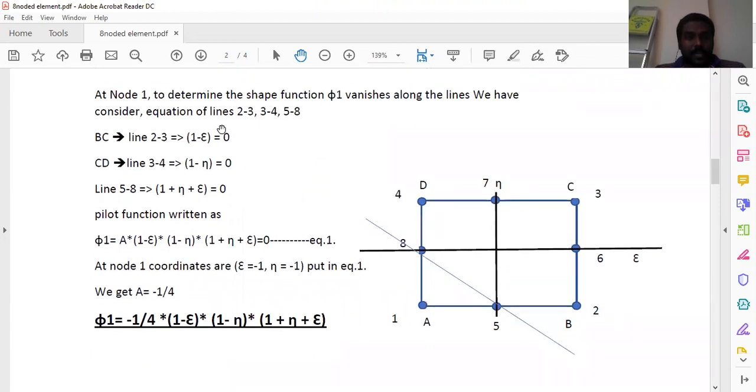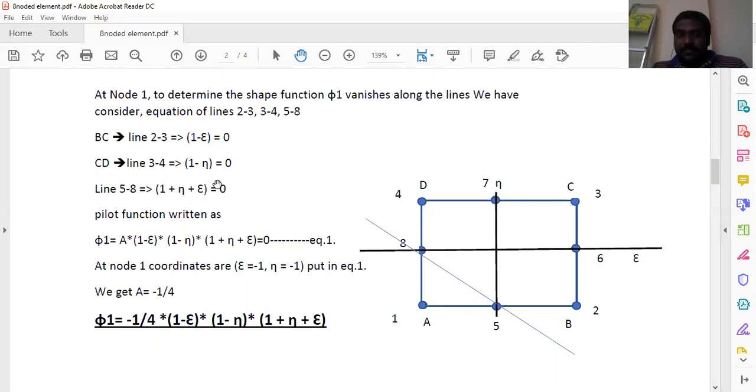See here, at node 1 we have to calculate the shape function of node 1. So we are considering equation 2, 3, equation 3, 4, and equation 5, 8. We have already defined the equation for 2, 3. That was 1 minus zeta. And the equation for line 3, 4 was 1 minus eta equal to 0. And for the equation for 5, 8, we have defined 1 plus zeta plus eta equal to 0.